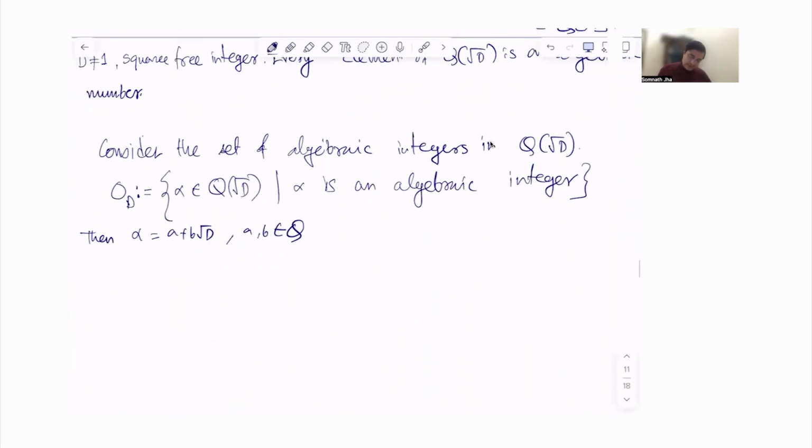Then alpha satisfies x square minus 2ax plus a square minus b square d equal to 0, right?